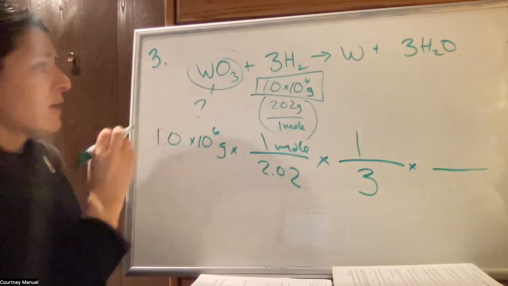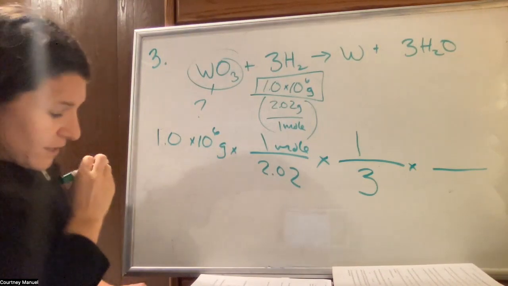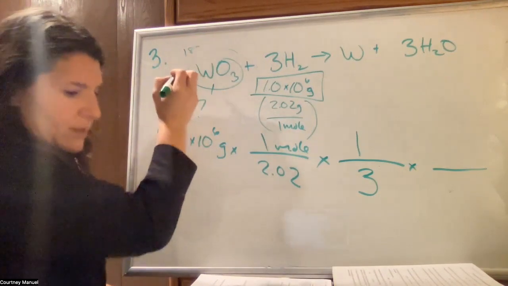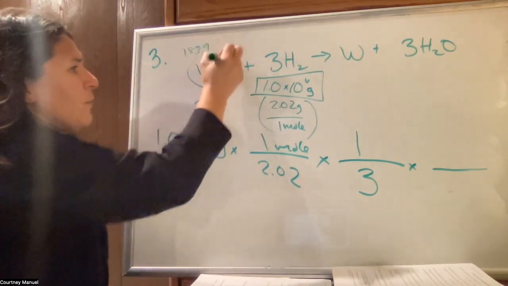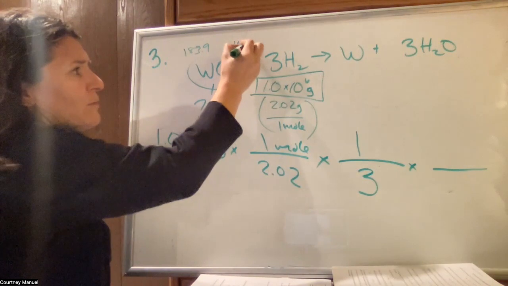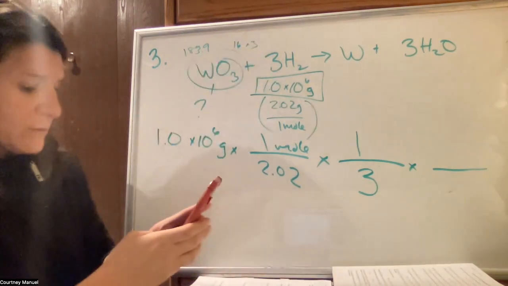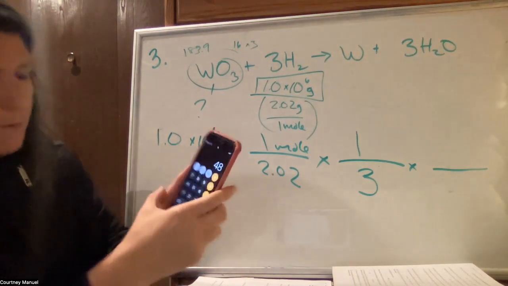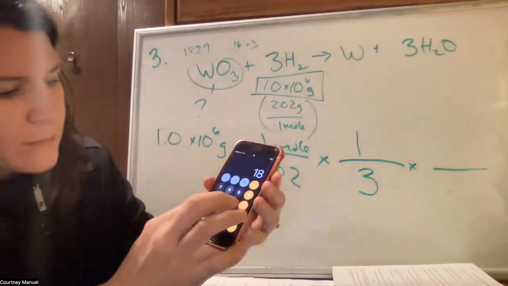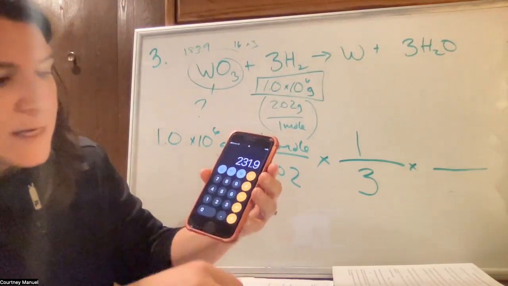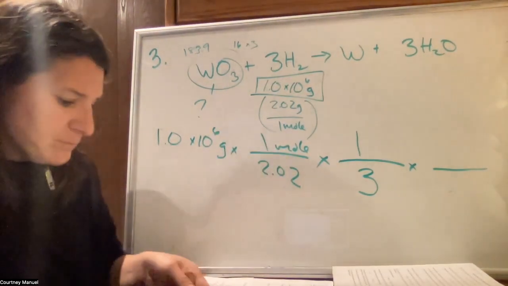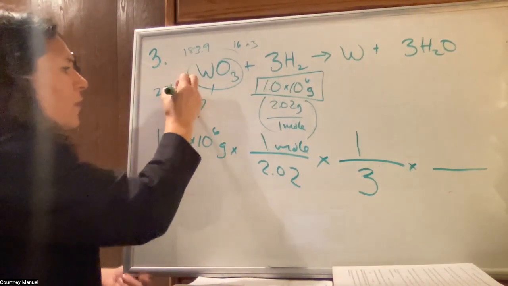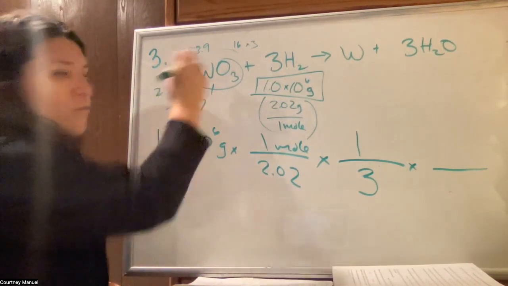We need to figure out the conversion of this one. And tungsten itself is 183.9, sorry, 183.9, and we have our oxygen is 16, but we have 3 of them, so times 3. Let's not do this in our head, folks. Let's see. 16 times 3 plus our 183.9, and that gives us 231.9, and that's our conversion of grams to moles for WO3.